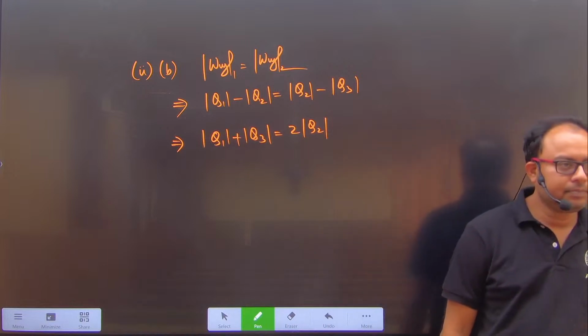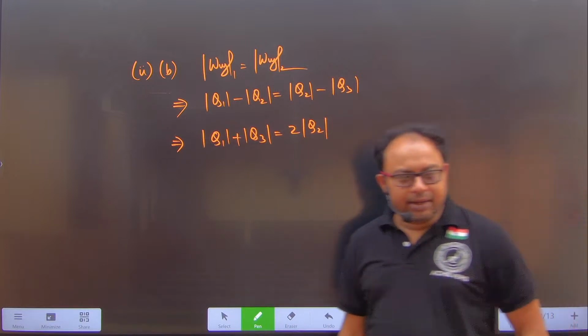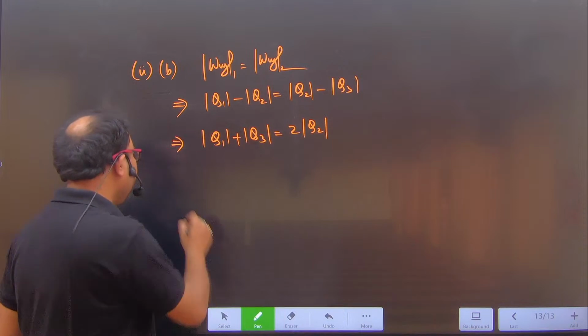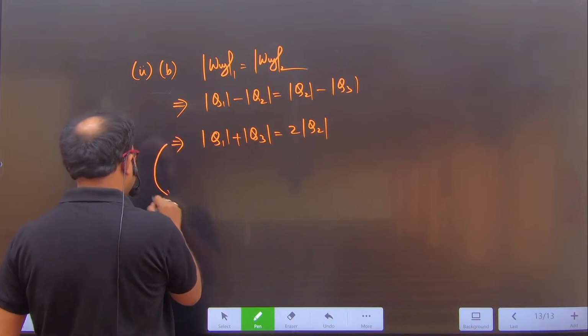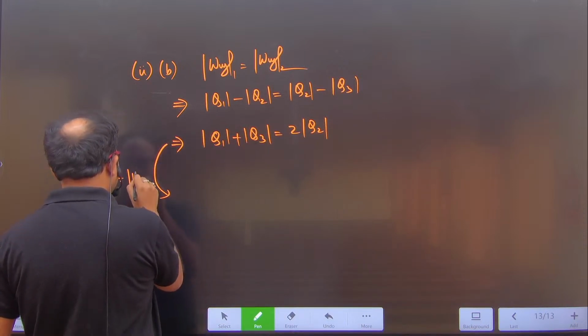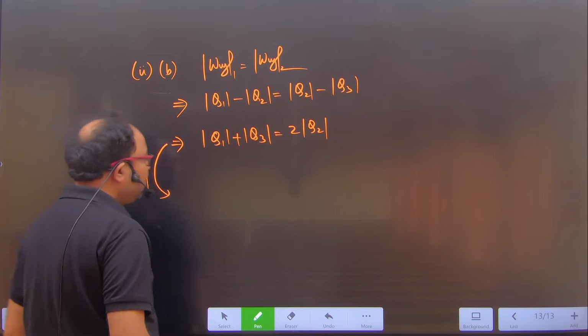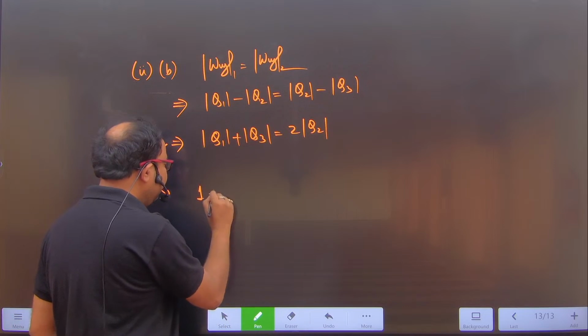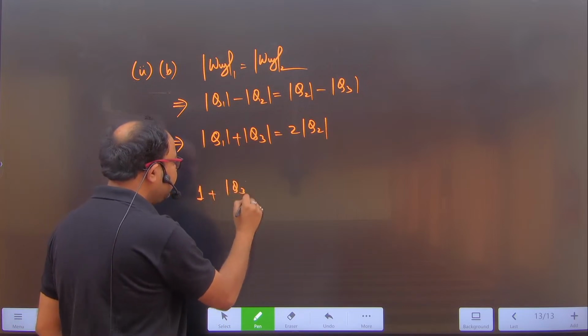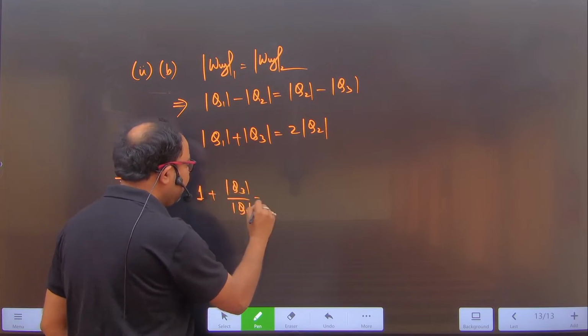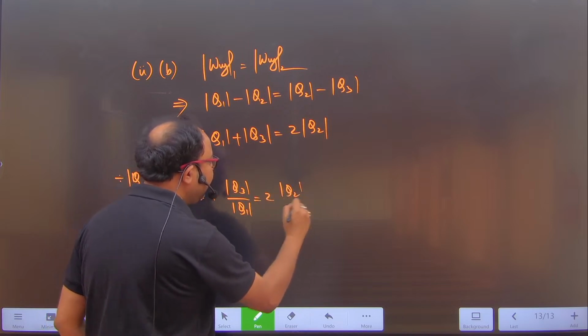Done. Now let us divide all the terms by mod Q1. So it becomes 1 plus mod Q3 by mod Q1 equal to 2 mod Q2 by mod Q1.